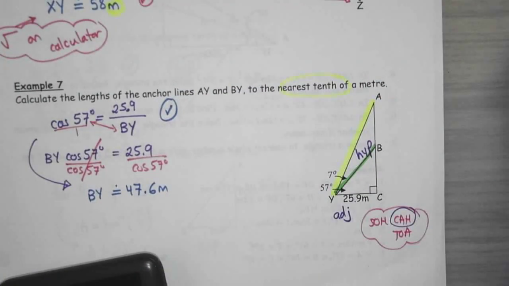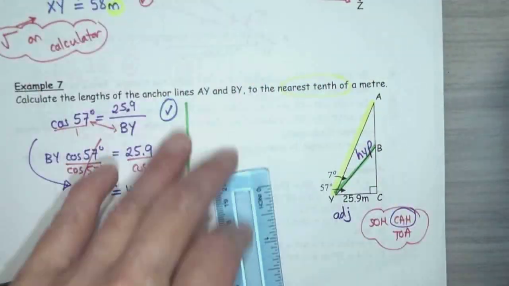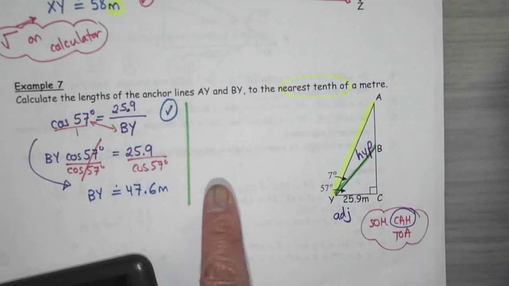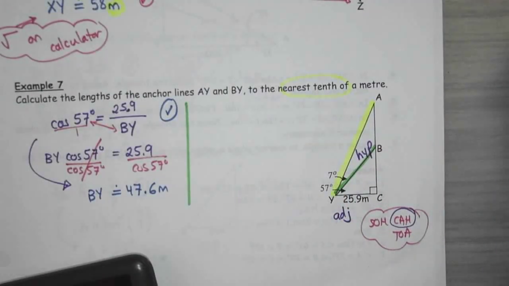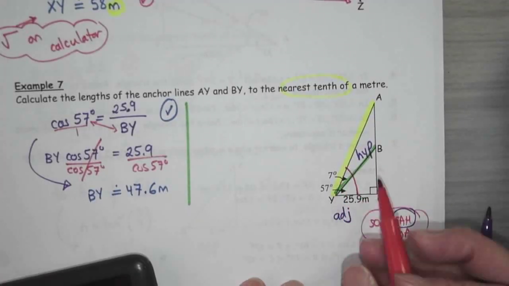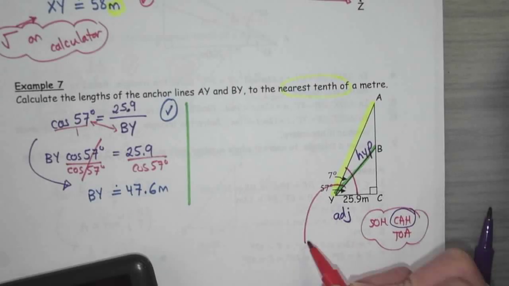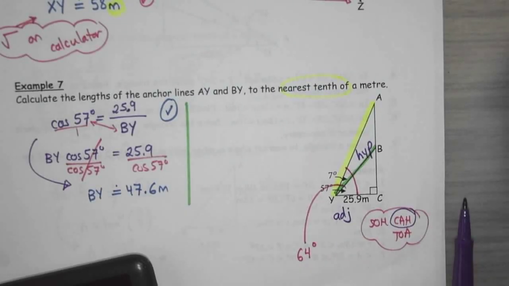Okay, do it again. And for this next one, I want this yellow, but I'm going to take the whole angle. So that would be 57 plus 7. So that whole angle here would be 64. Am I crazy? 57 plus 7 is 64.